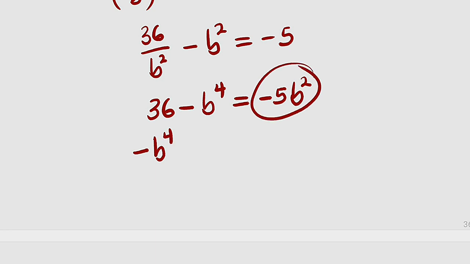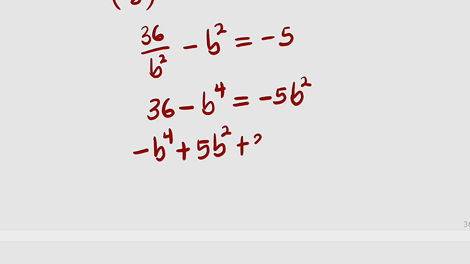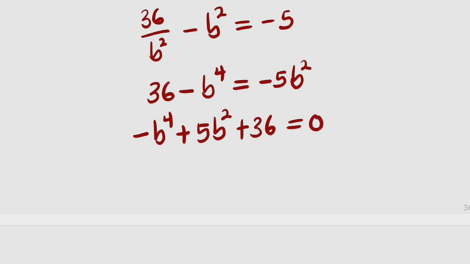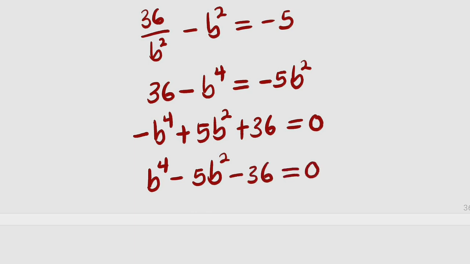If this one crosses over, it becomes positive 5b squared, then plus 36, the whole of this equal to 0. Multiply every single term by -1, we have b to the power of 4 minus 5b squared, then minus 36, the whole of this equal to 0.